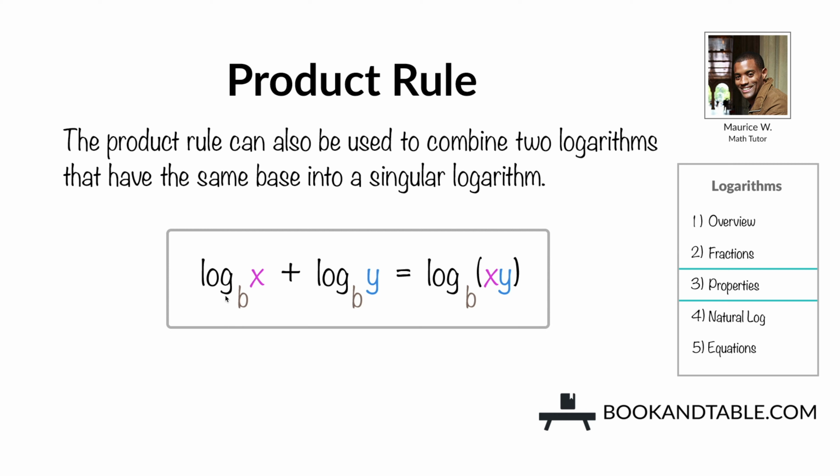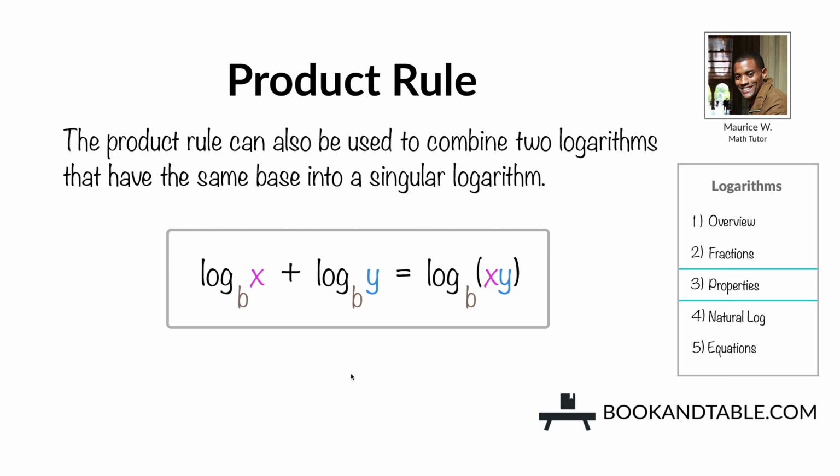We're going to practice combining two logarithmic terms that have the same base by multiplying their arguments x and y to give us a singular logarithm of base b of x times y. This is the same product rule we saw a moment ago, but we've now turned it around. We have the two terms on the left side, and we're combining it into a singular logarithmic term.